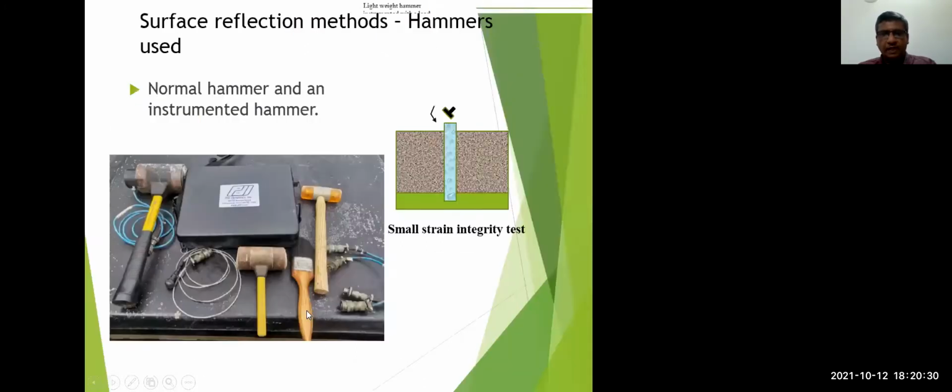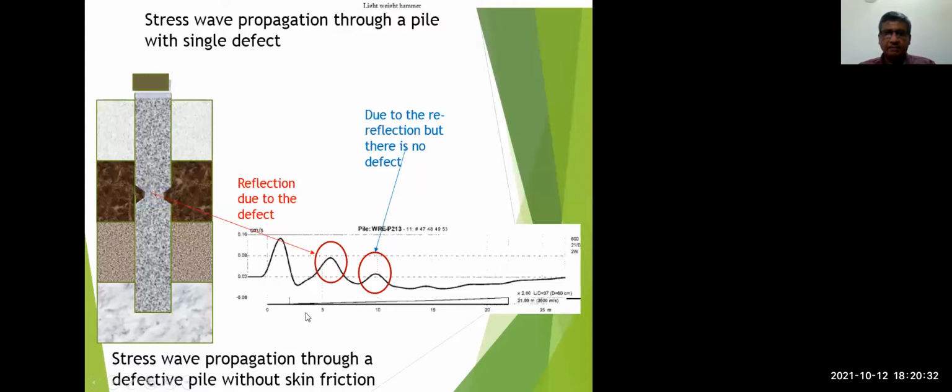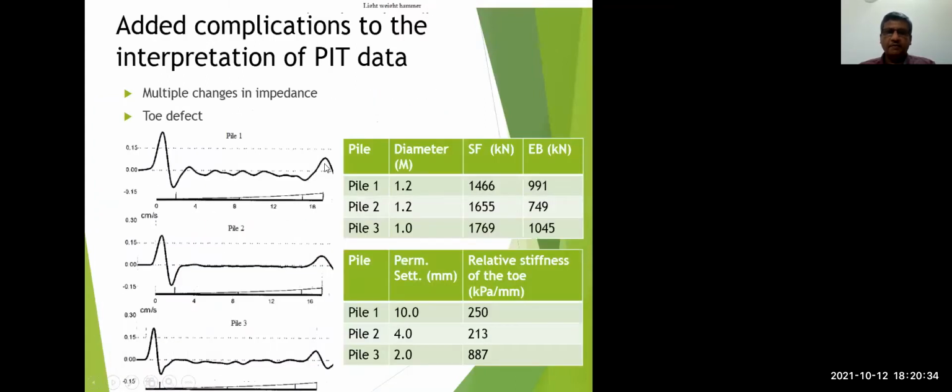So in such situations, you can see the toe reflection coming as a positive reflection. All these three piles are showing those positive reflections, and they can be not properly fixed into the rock socket. That situation can happen.